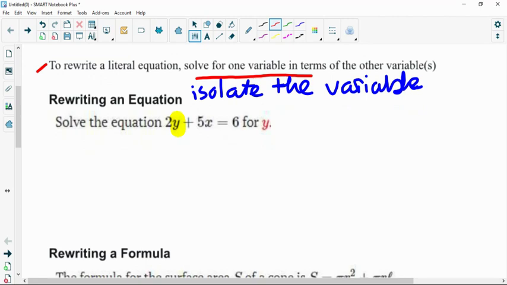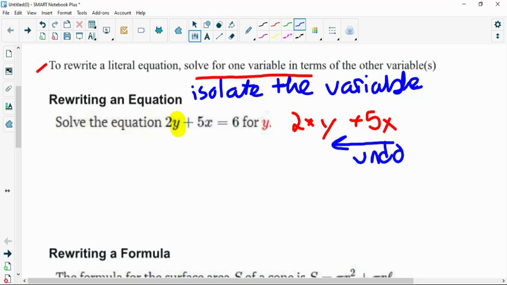Well, we have 2 times y, then plus 5x. What we can do is undo each of those pieces so that we can get the y by itself.